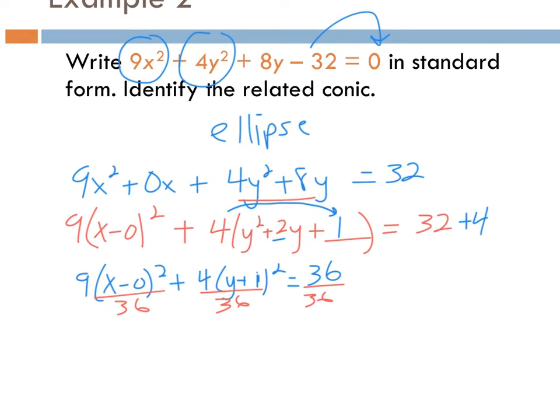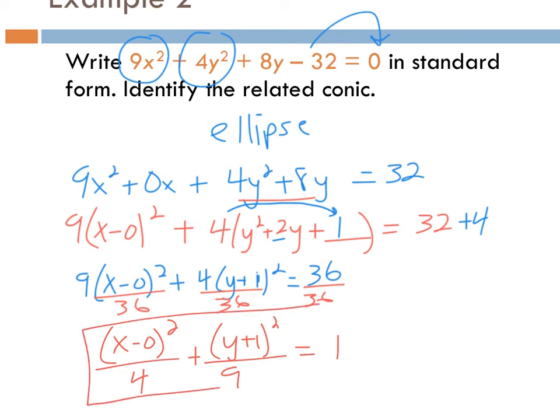So final answer, 9 over 36 would be 1 over 4, so it would be (x minus 0) squared over 4 plus 4 over 36 becomes (y plus 1) squared over 9, and it's going to equal 1. And so this would be the standard form of that ellipse.